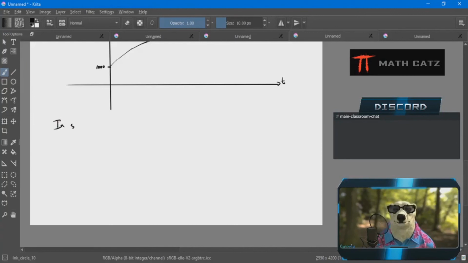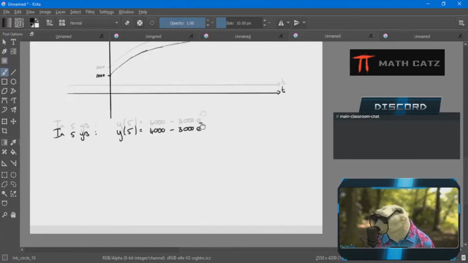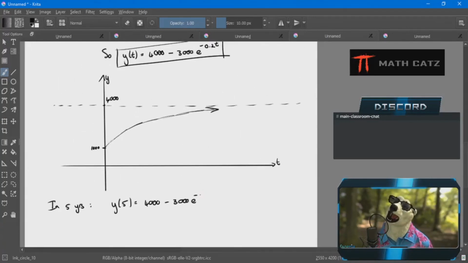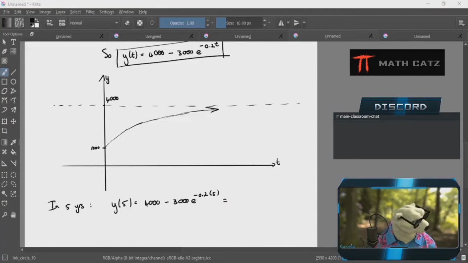In 5 years, we simply use our function with 5 as the time value: 4,000 minus 3,000 e to the negative, what was it? 0.2 times 5, and we get an answer. Let's see what that answer is.